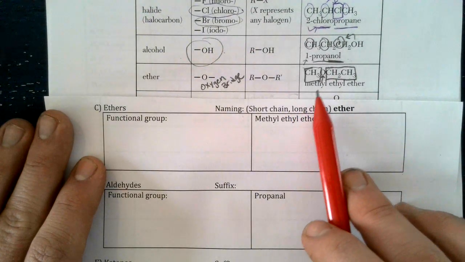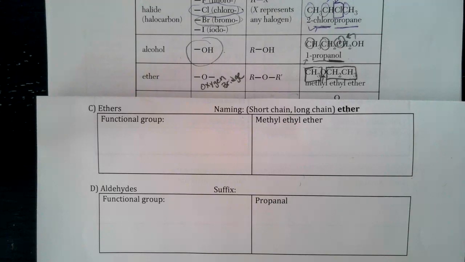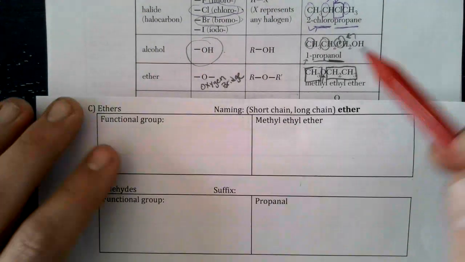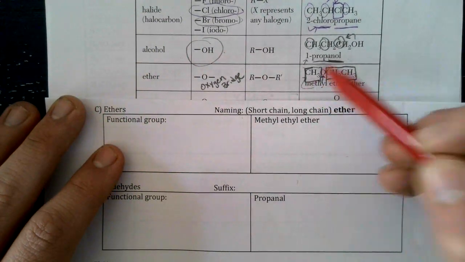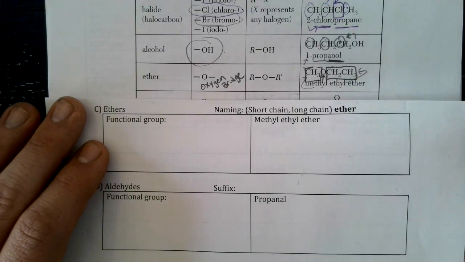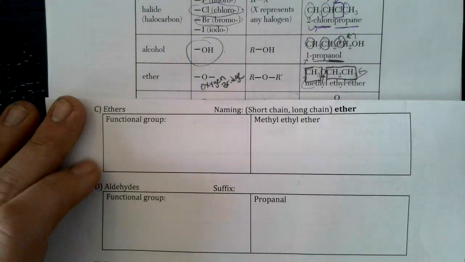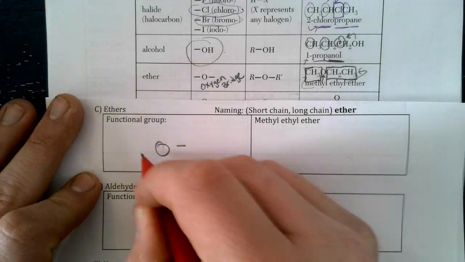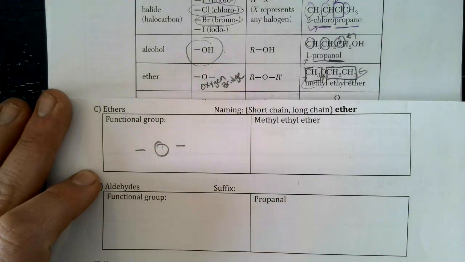And so I'm using the exact same example there as I am down here. Methyl is the shortest chain. Ethyl is the next shortest chain. Ether. So the functional group is an oxygen in the middle.